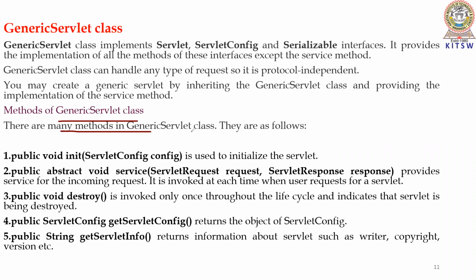What are the different methods present in the GenericServlet class? There are many methods. They are public void init. This is a servlet lifecycle method. It is used to initialize a servlet. Next method is service, very important. This provides service for an incoming request.